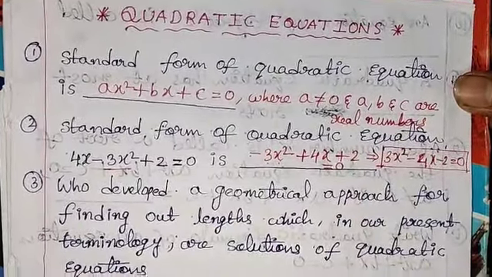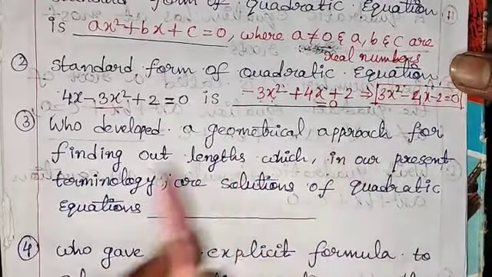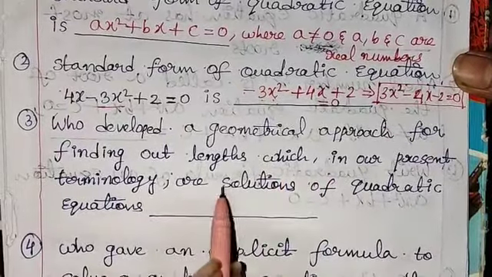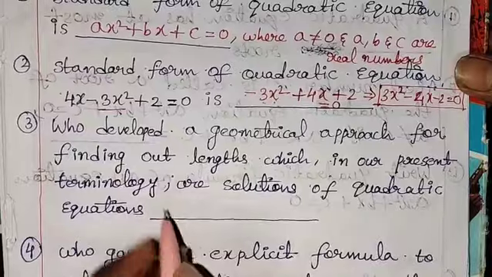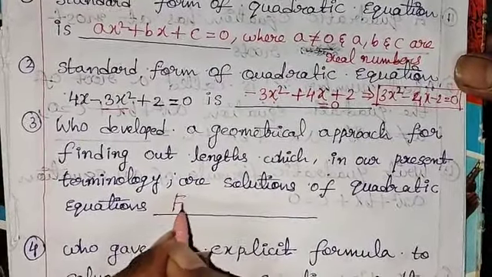Coming to the next question. Who developed a geometrical approach for finding lengths, which in our present terminology are solutions of quadratic equations? The answer is the great mathematician Euclid.